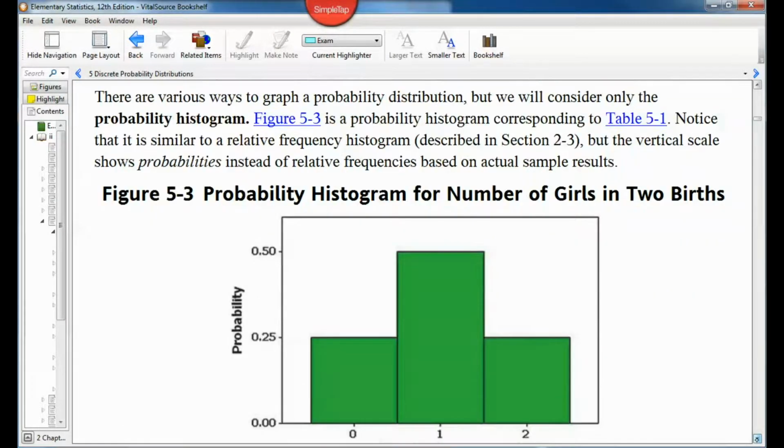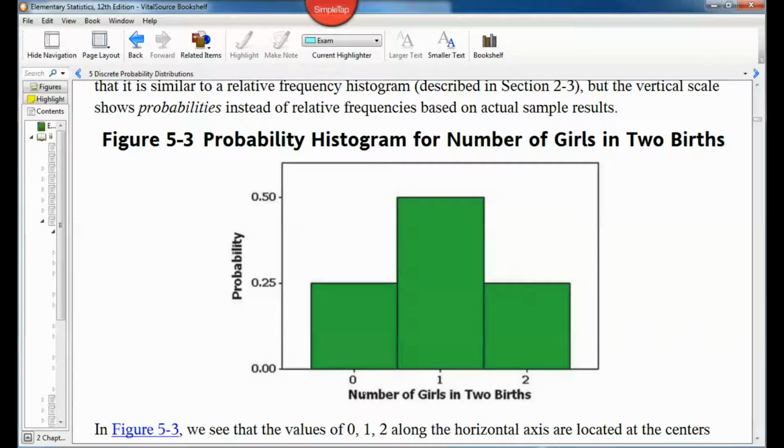All right, you can draw a histogram for a probability distribution. We call that a probability histogram. And you can see here, this goes back to the chapter problem, or one of the first examples, where we have no births with girls, 1 of 2 births with girls, or 2 births with girls.